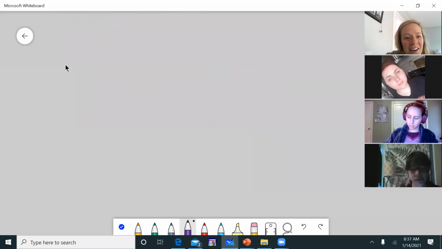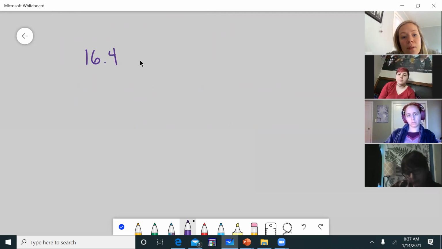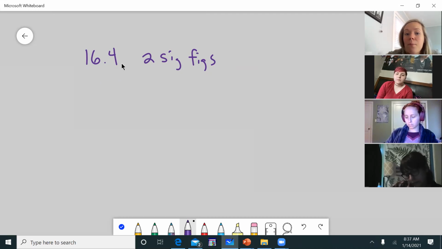But let's look at a number. 16.4. Let's say I want to round this to 2 sig figs. Right now, how many sig figs does it currently have? It currently has 3. For calculation purposes, let's say we can only honor 2 sig figs. So how do I round 16.4 to 2 sig figs?